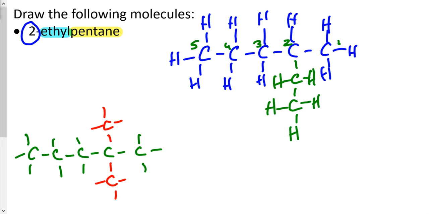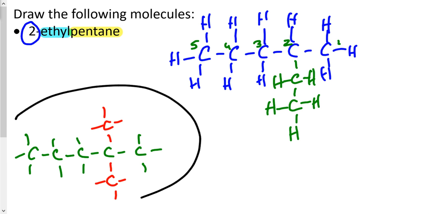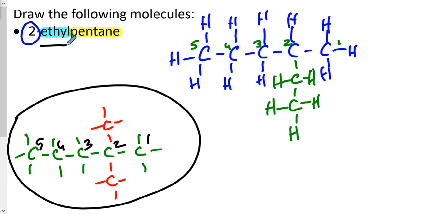It is important for you to understand that the drawing that I have right here is not 2-ethyl pentane. Let's assume that a student did this and the student had the first carbon here, second carbon here, third, fourth, and fifth carbons right here. But in the second carbon, the student knew that they need to add an ethyl group.